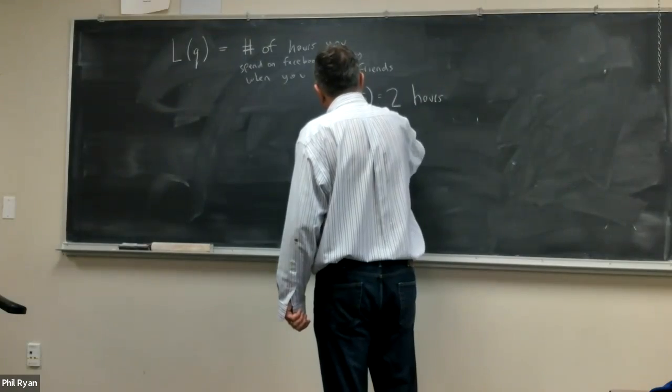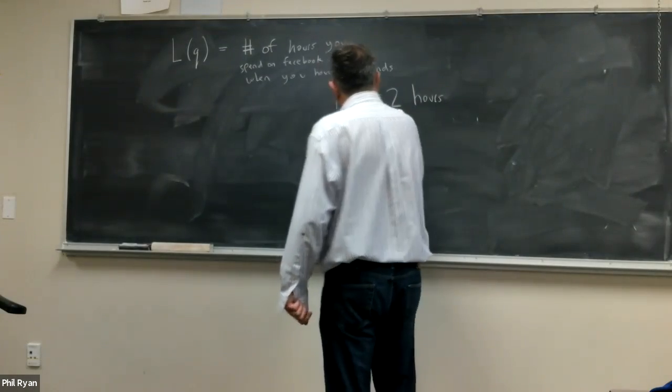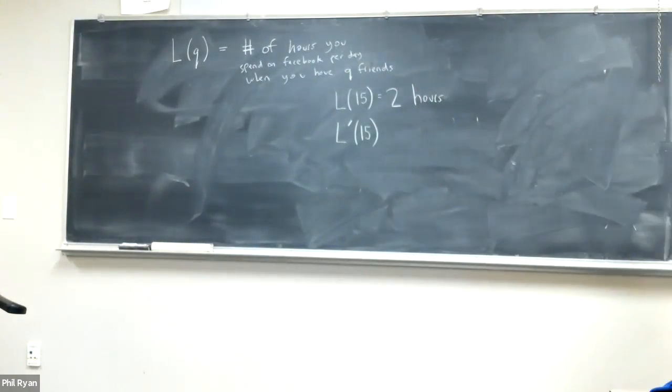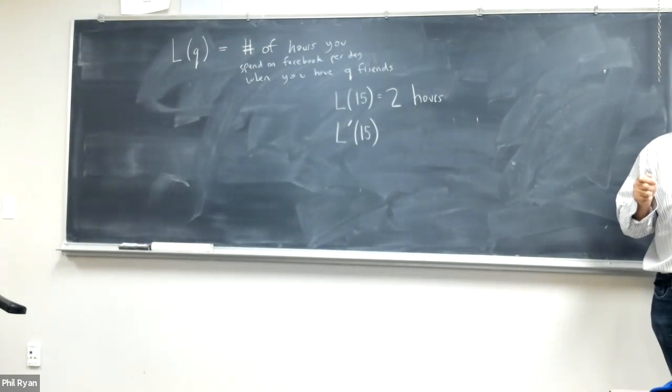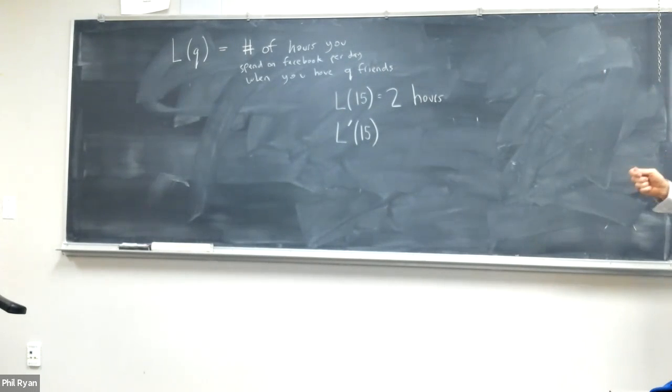What does L prime of 15 mean? Okay, it's the rate of change. So what is the change in the number of hours you are likely to spend if your number of friends changes? So what would be a guess for that to be?